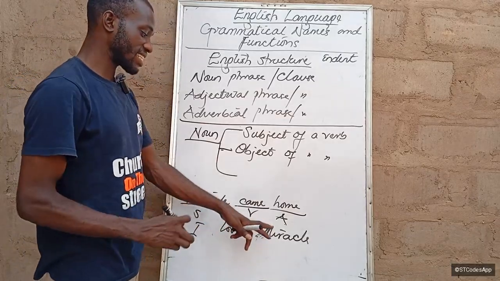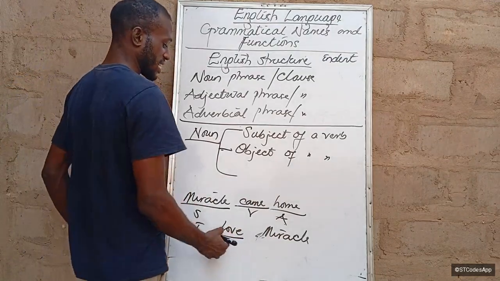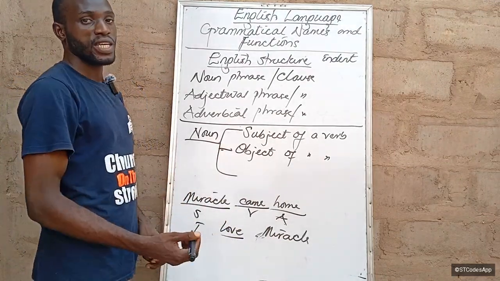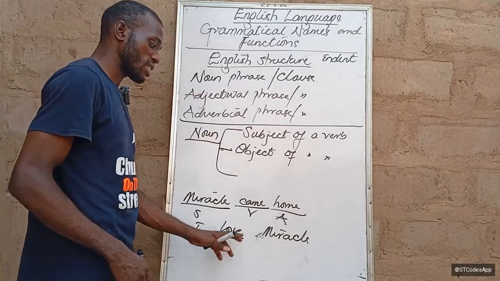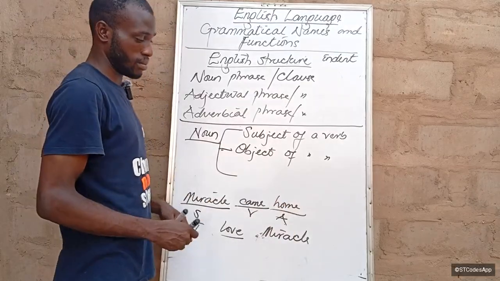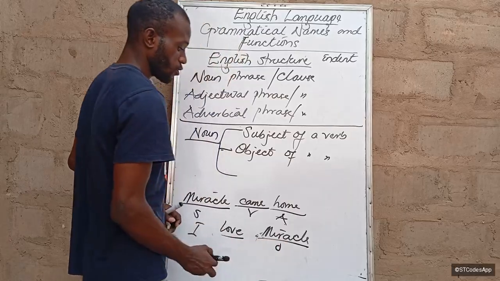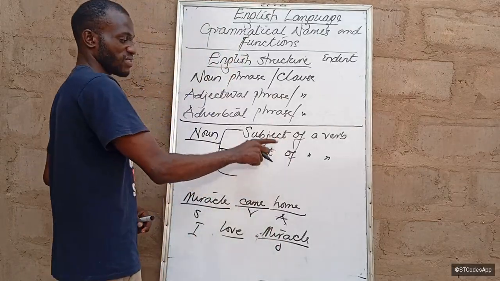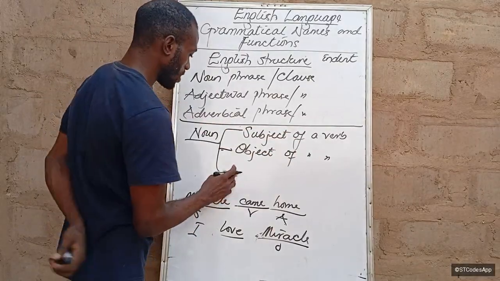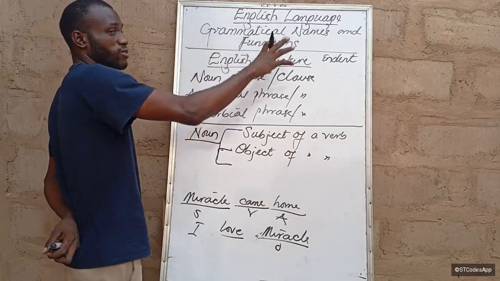Miracle is an object here. Why? Because it's the one that the action is falling on. It's the one that the action is happening to. The liking or the loving is on him, is falling on him. Is that clear? So he's an object here. So you see, it's also now a name of a person, so that's going to be an object of the verb. Make sense?